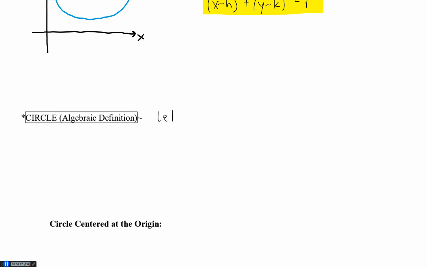is we're going to let (h, k) be the center, and we're going to let r be the radius.